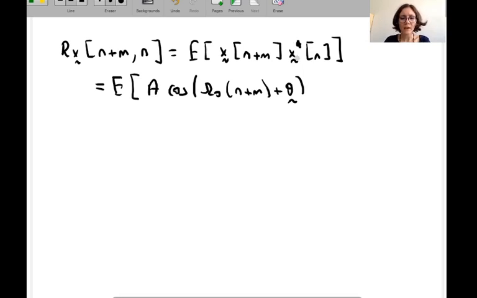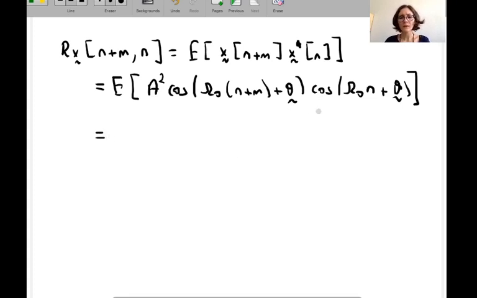So this is going to be A cosine omega 0 n, A is already here so let's just put a square, A squared cosine omega 0 n, and the same phase value. Again, the only randomness is in the theta term in here, so we should evaluate an expectation over theta.